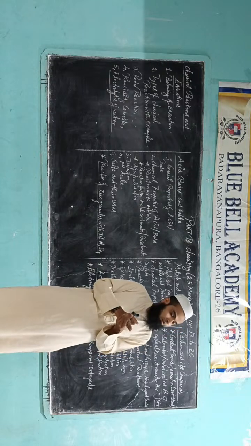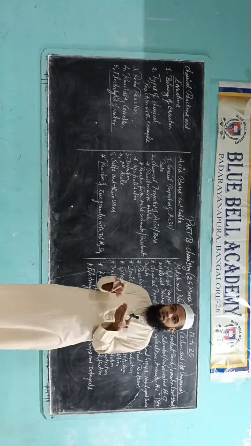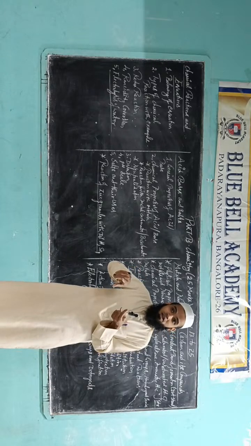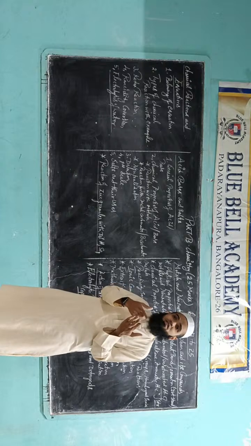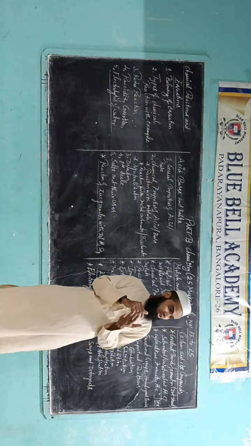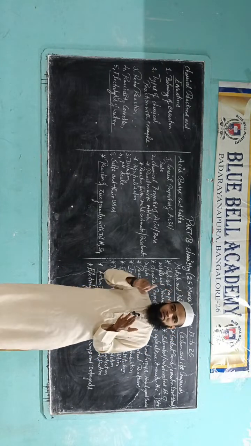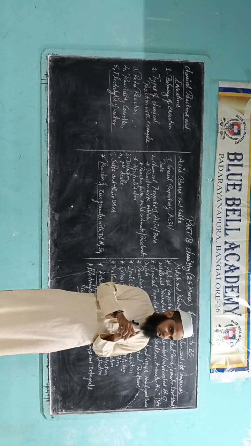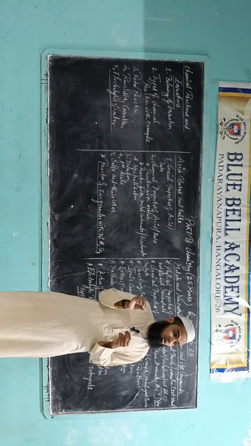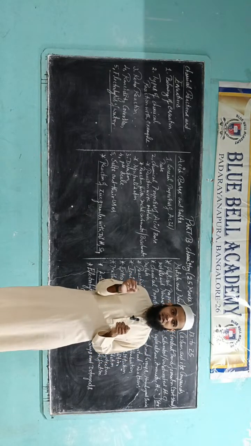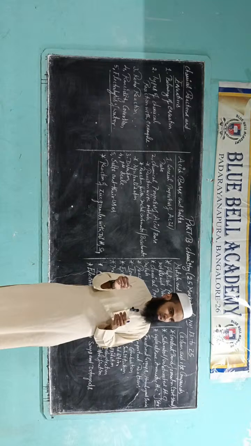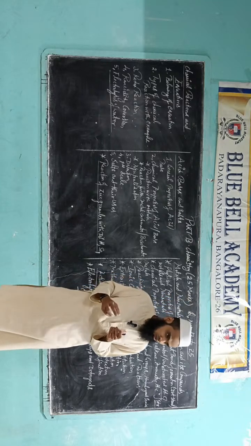So it is exothermic, and it is also an example of a combination reaction. So when you are learning combination, learn exothermic reactions too. There is also one applied question: why is respiration called an exothermic reaction? Because during respiration, oxidation of glucose takes place and releases energy in the form of heat.